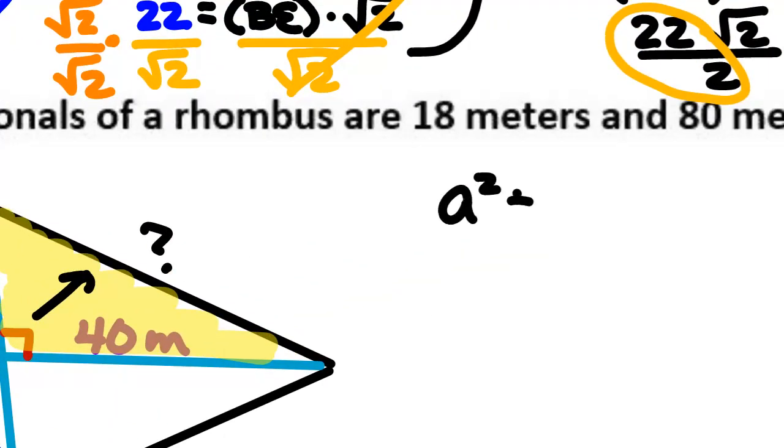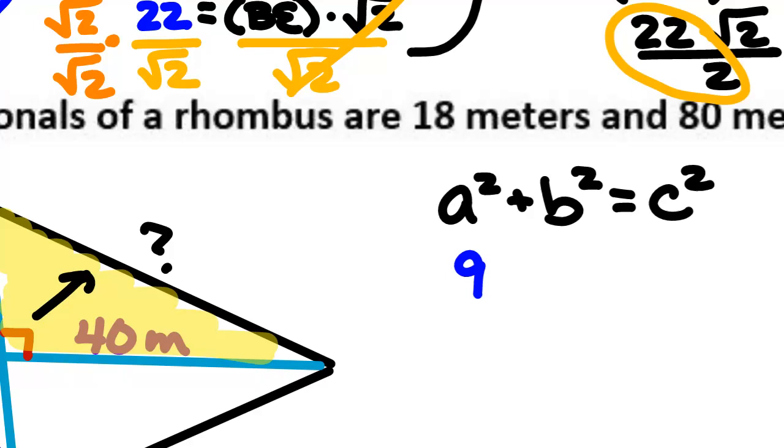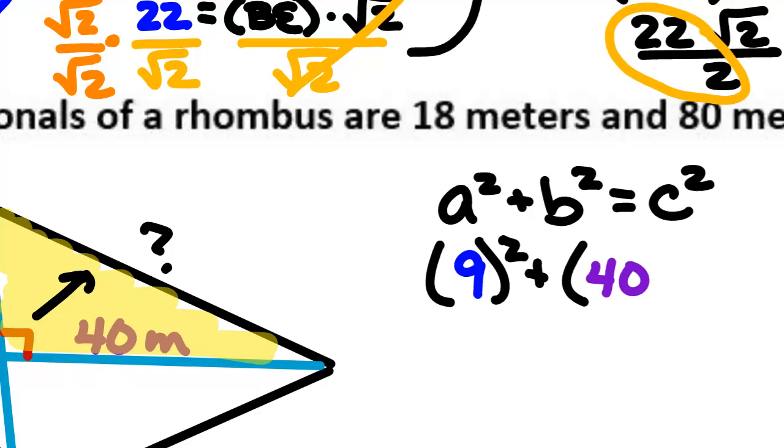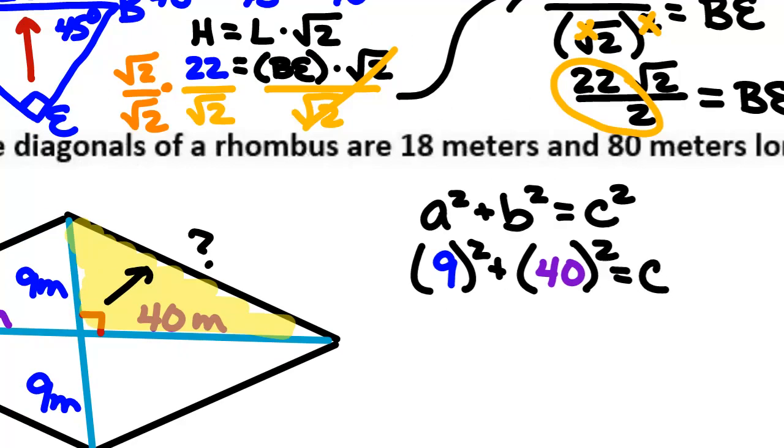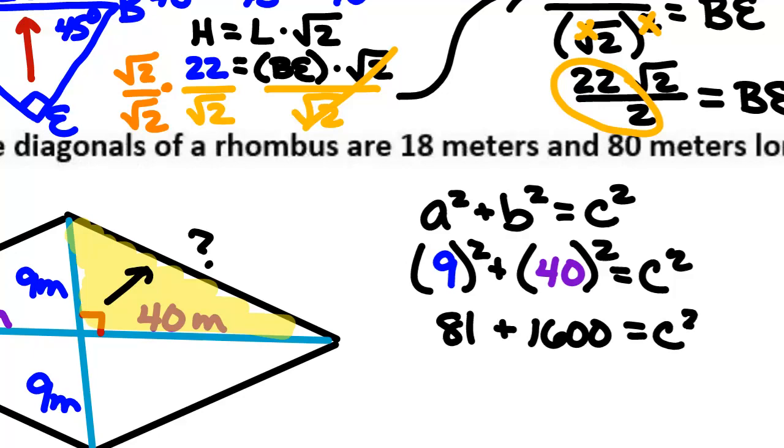A squared plus b squared equals c squared. We're looking for c. So I would have 9 squared plus 40 squared is equal to c squared. 9 squared is 81 and 40 squared is 1,600.